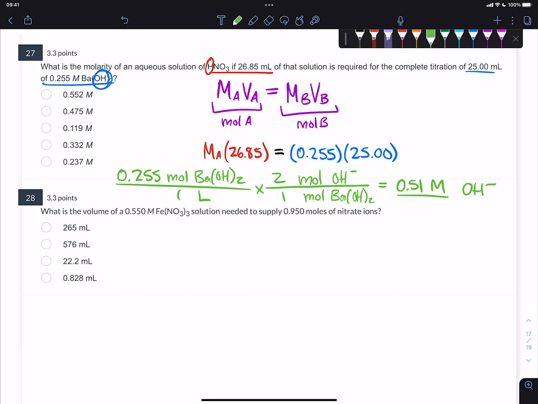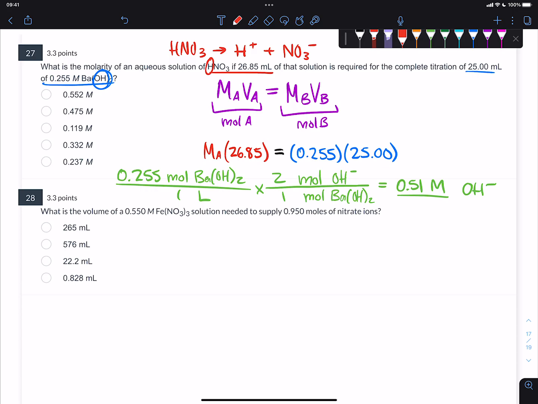Nitric acid, this nitric acid here, it just has 1 H for every 1 mole of HNO3, and it's strong, so you're going to get 1 mole of H's. What's going to happen here is HNO3 becomes a mole of H's and a mole of nitrates.